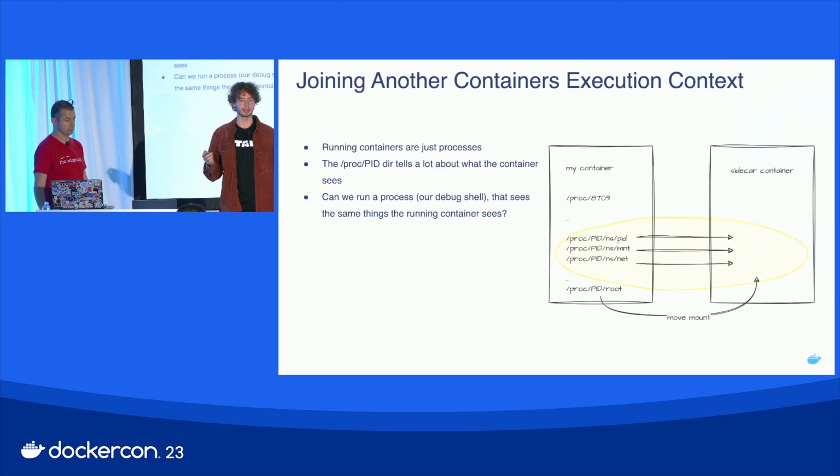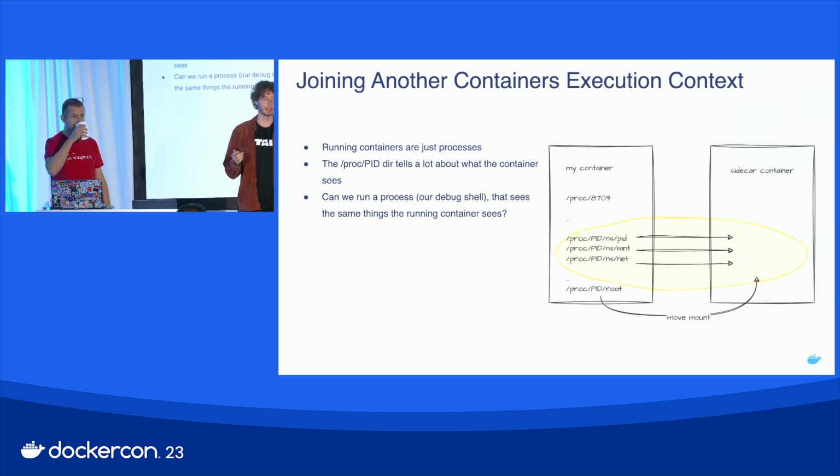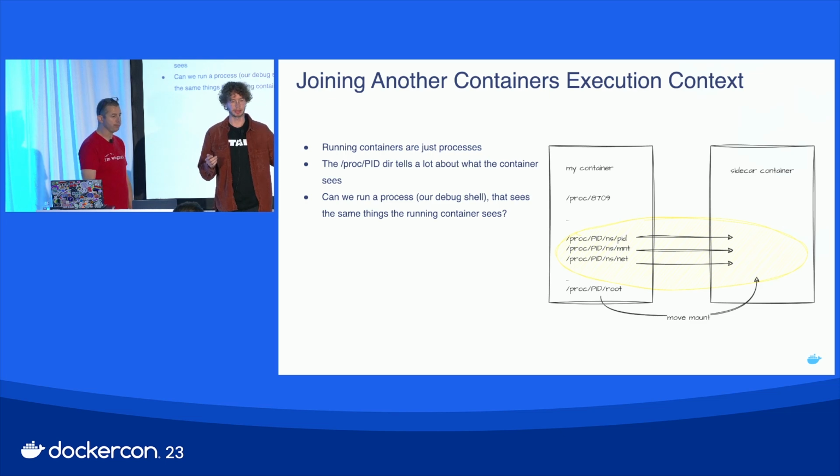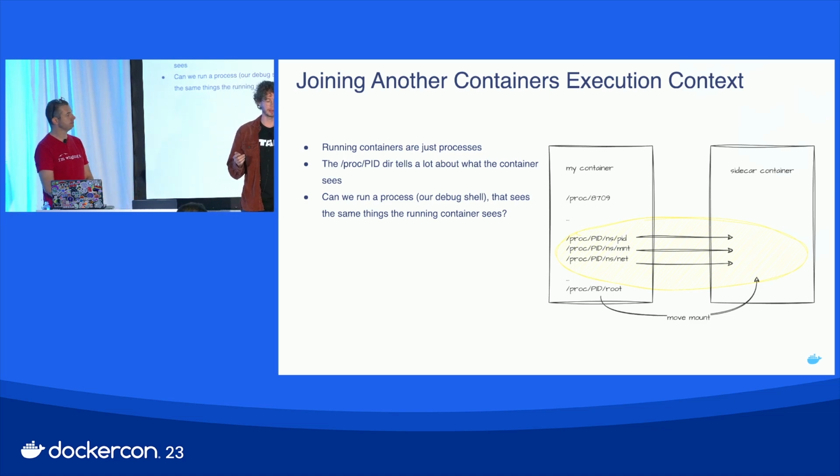This way, we directly see the namespaces of the container, like the PID, the mount, and the network namespace, which means, in case you are not that deep in this Linux stuff, you can now see the processes of the container, its mount, and its network traffic. And you can also see the files if you go to this /proc/PID/root directory.